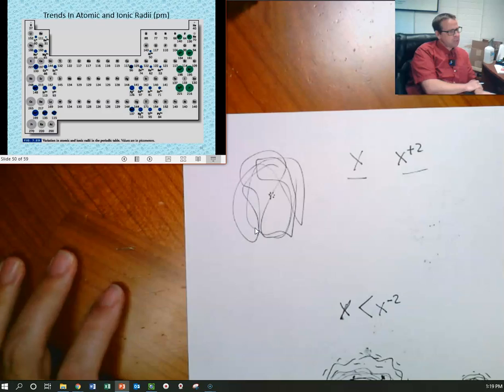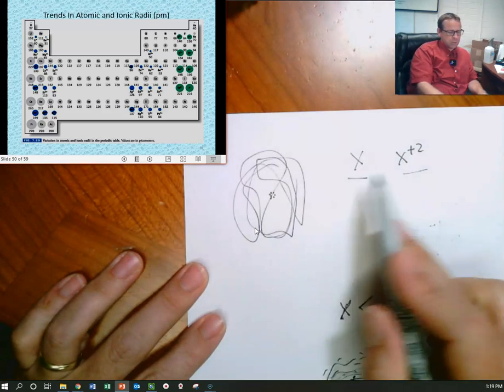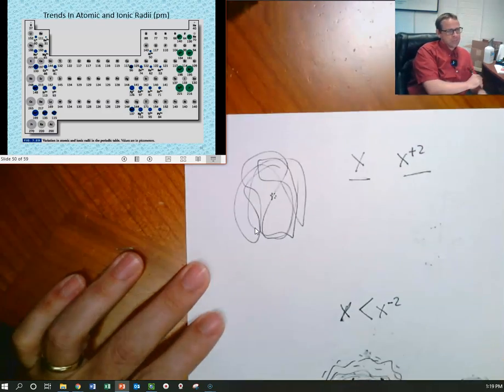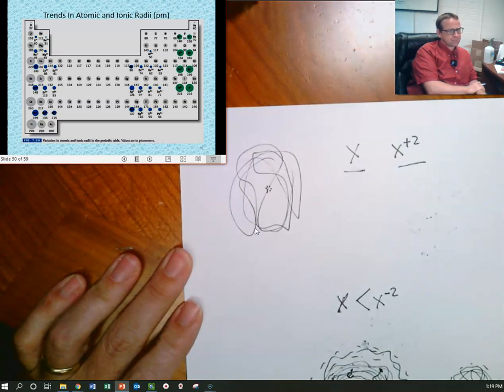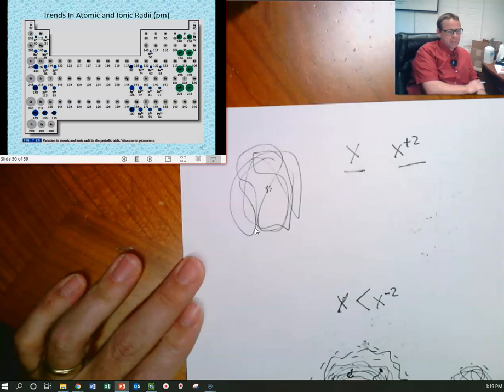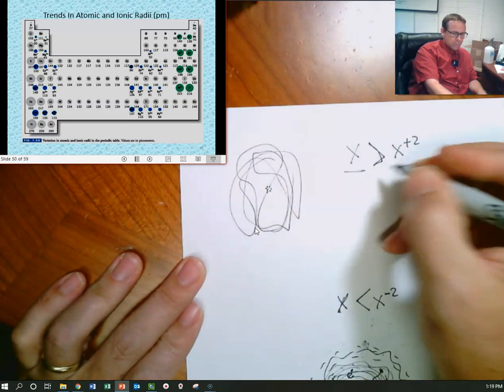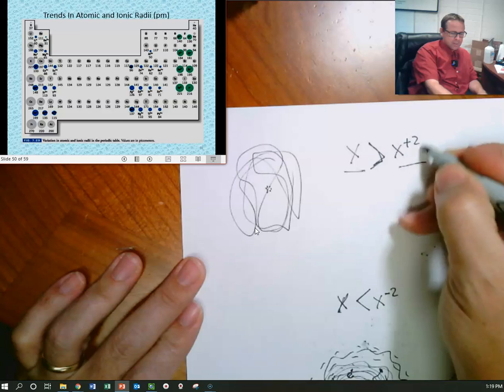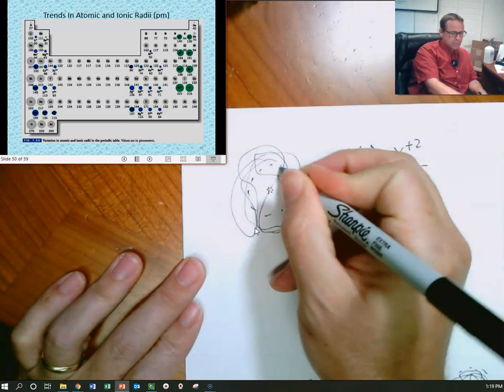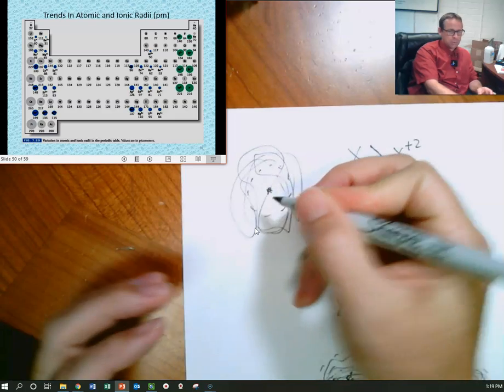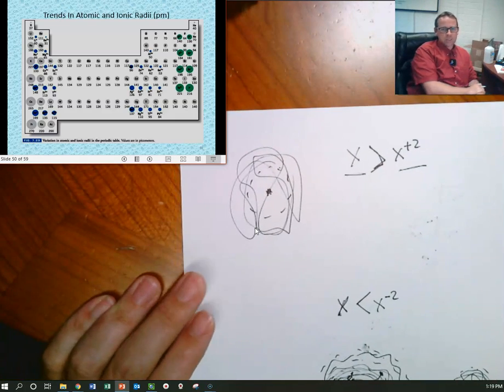Kim, Taiwan, what do you think? Which one would be larger, the X or the ion? So it's X. That's right. X will be larger than this ion because in this ion we've lost 2 electrons. And if there's fewer electrons, it's easier for those protons to pull those electrons in.